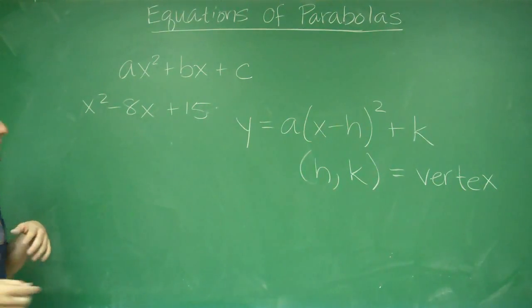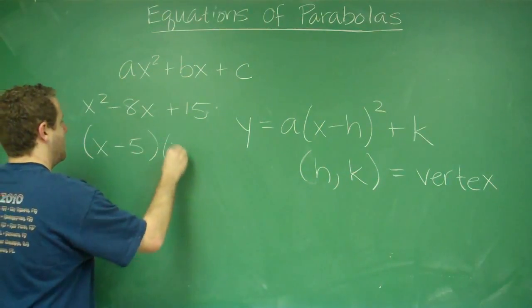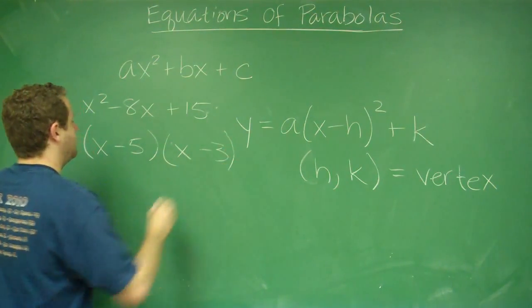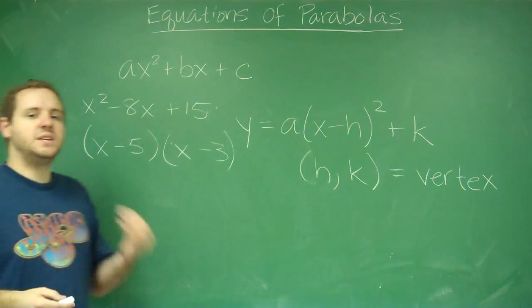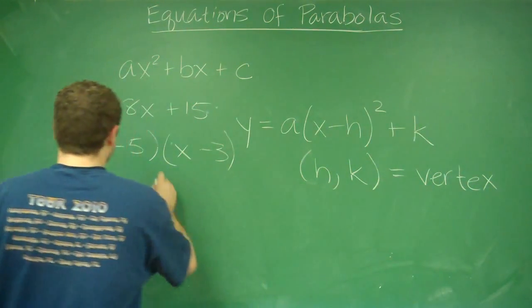You can probably see that this factors into x minus 5, x minus 3, which means that you have zeros at 3 and 5.